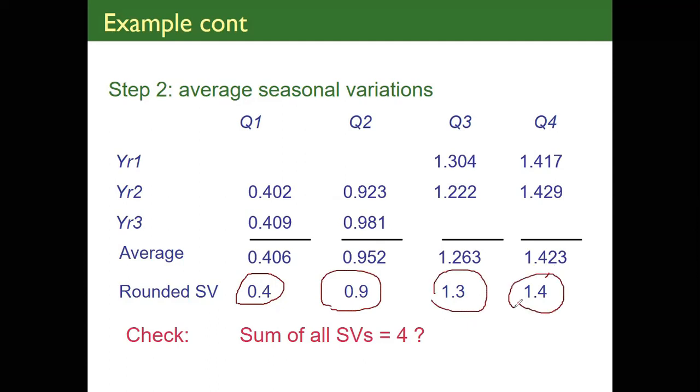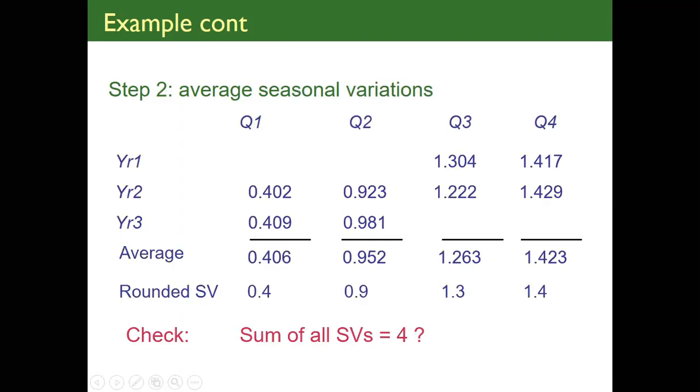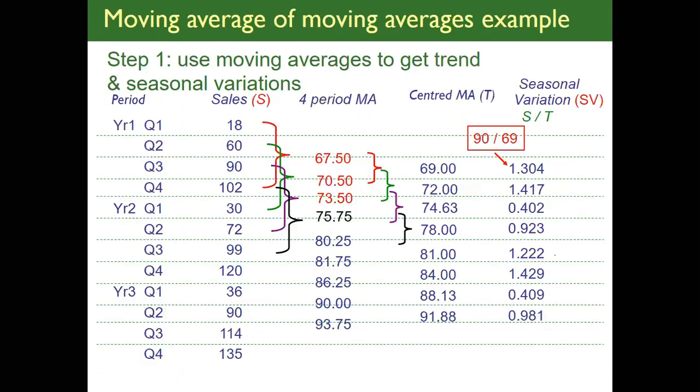We can move further. But before we move forward, what we need to see is the average trend increase. What does that mean? If I go back to the data, you see that your trend value is also increasing from 69 to 72, from 72 to 74, 78 to 81, and so on.